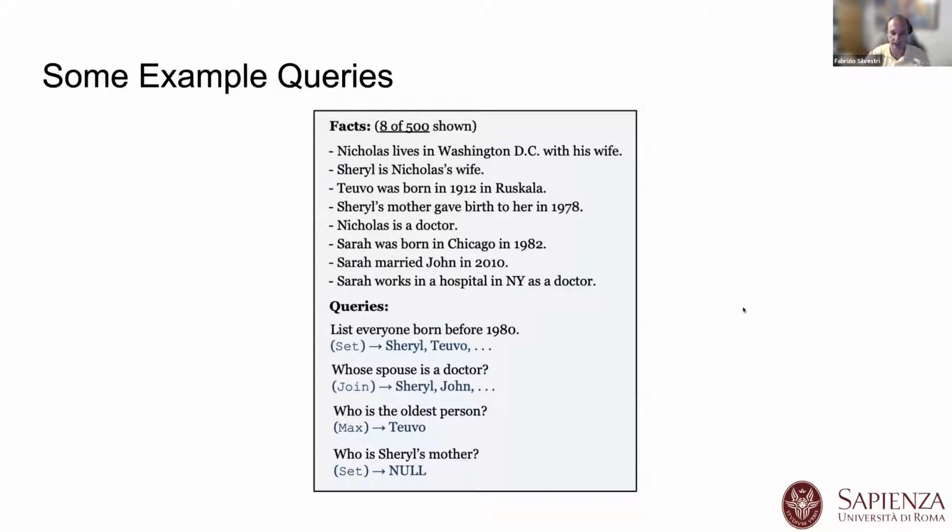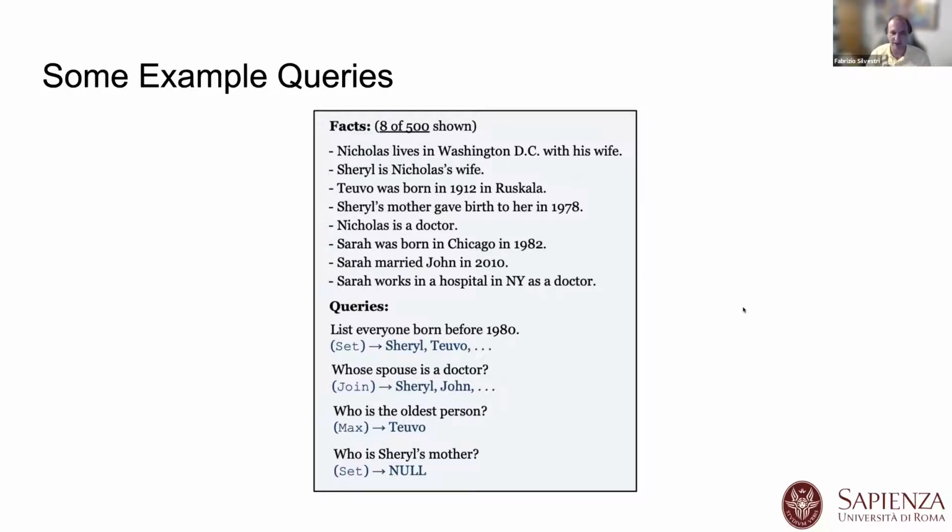Because you want to retrieve, let's say, people, and then you want to follow the relation of being a spouse of, and then another relation of being a doctor. This is a typical join query in traditional databases. But as you can see here, we just want to answer this query using a natural language question. Who is the oldest person?